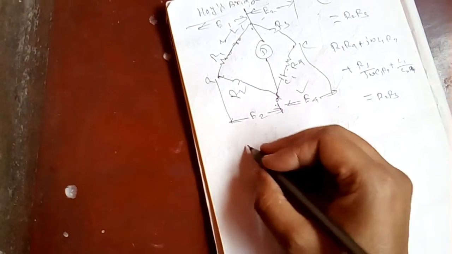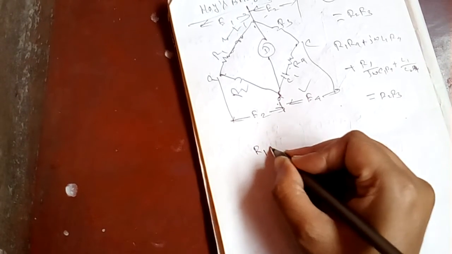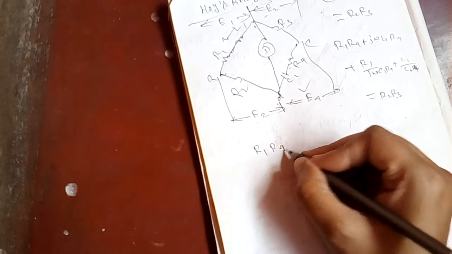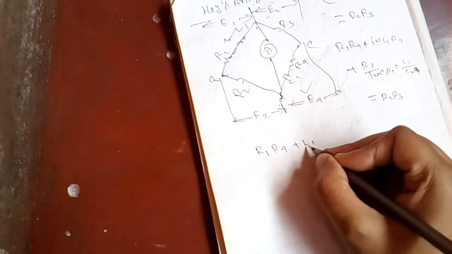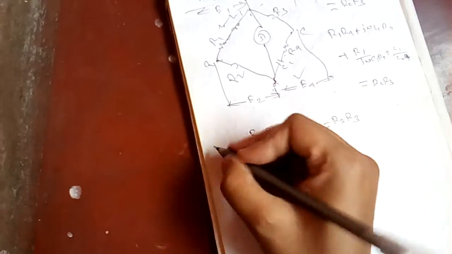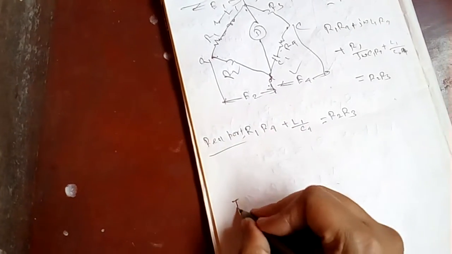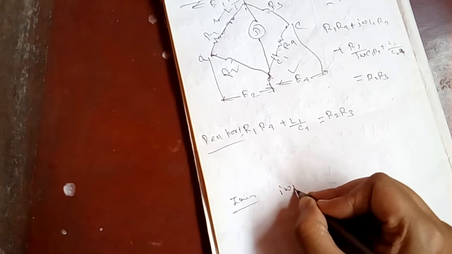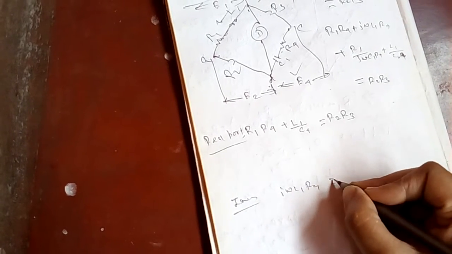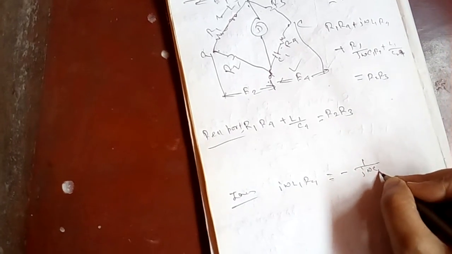So we separate the real part and the imaginary part. From the real part, R1R4 plus L1 by C4 equal to R2R3, and from the imaginary part we get jωL1R4 equal to minus 1 by jωC4R4.